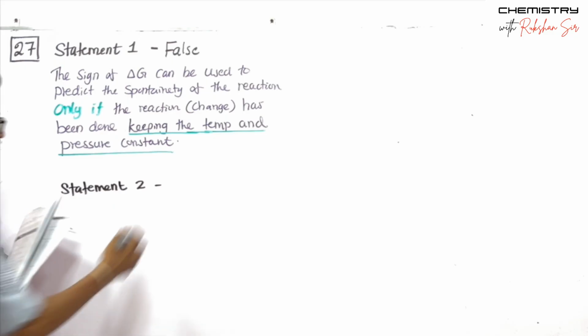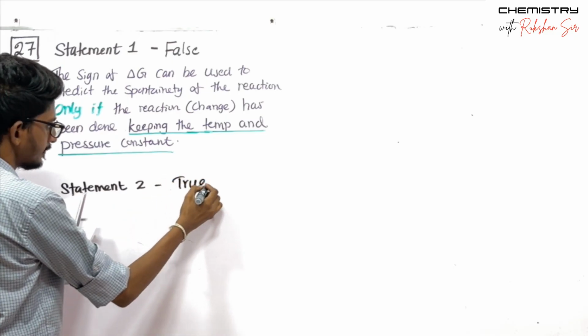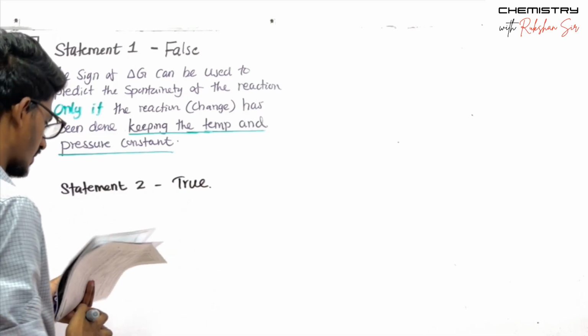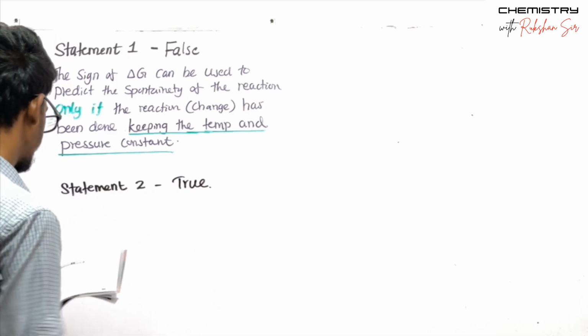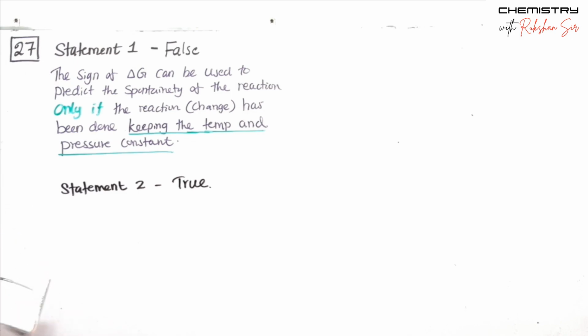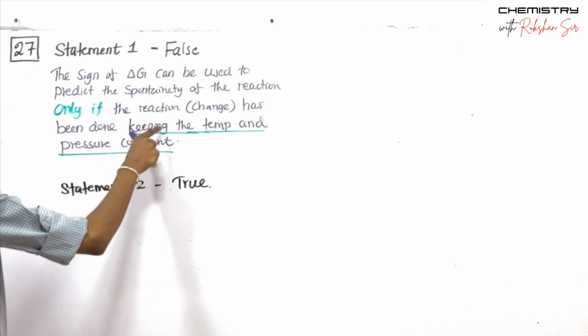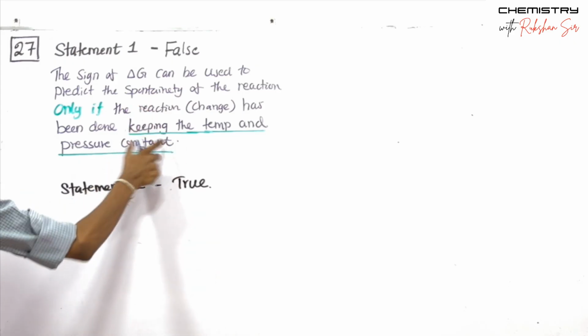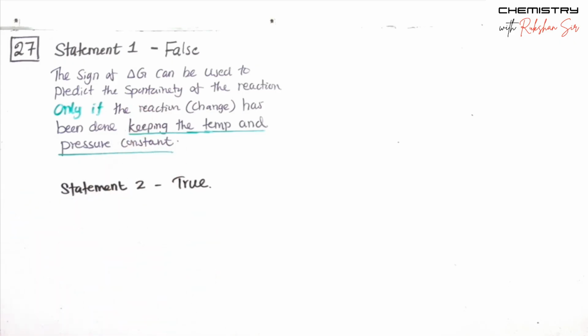It is true. Only if the change has been done keeping the temperature and pressure constant can you use the sign of delta G to predict the spontaneous reaction.